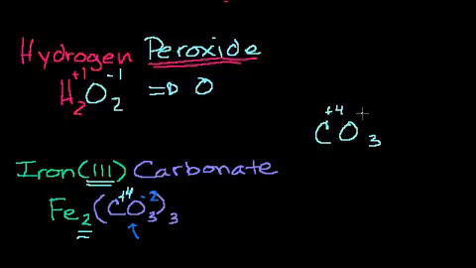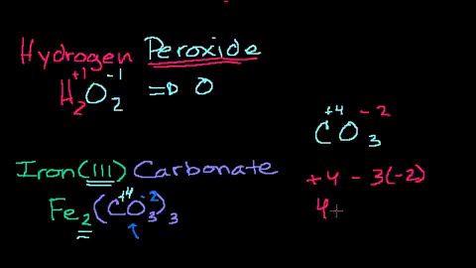Oxygen is more of a hog. Each oxygen has a -2. So let's think about it. I have +4 minus 3 times -2, right? I have 3 oxygen atoms. So I have 4 minus 6, which is equal to -2. So we can view it as the oxidation number for the entire carbonate molecule being -2.